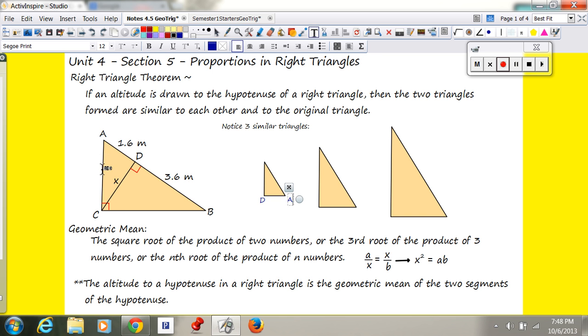And then the longer side is up here at C. So that's my small triangle. Of that small triangle, the 1.6 meters is this bottom piece right here, and I have x as my other leg.